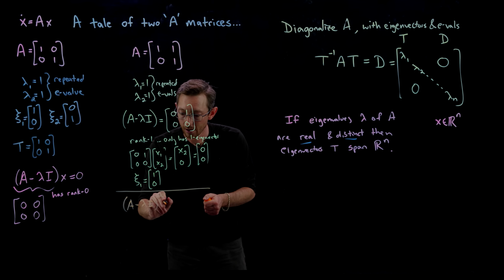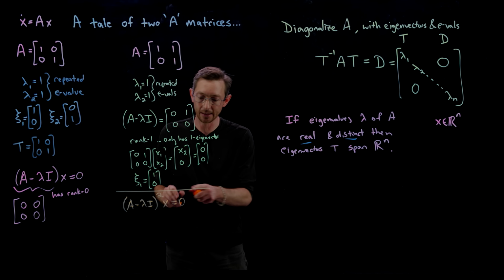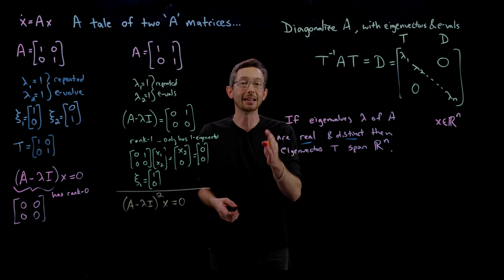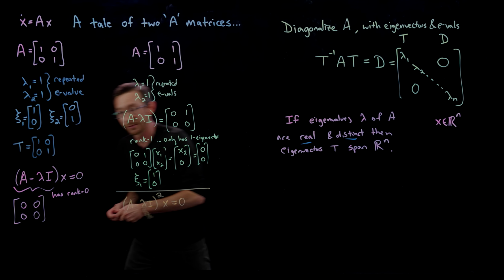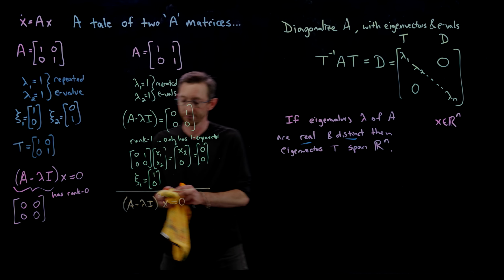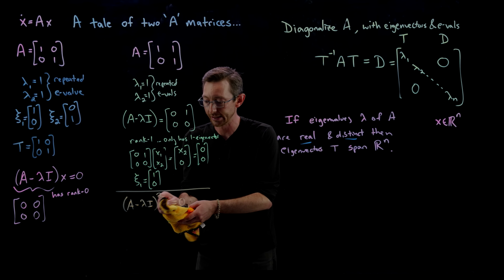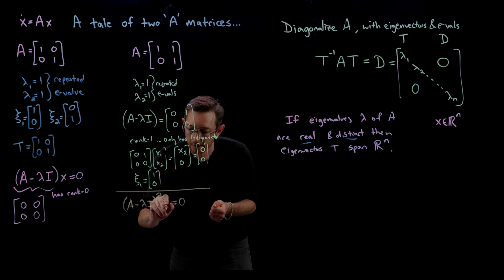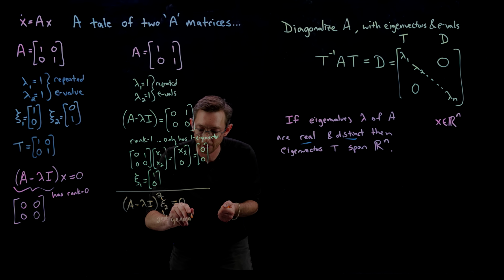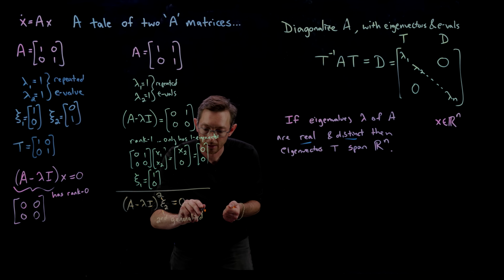So now we're looking for x's that map this to 0, and that's going to give me a second generalized eigenvector. Let's call it xc2. So this is a second, generalized eigenvector.